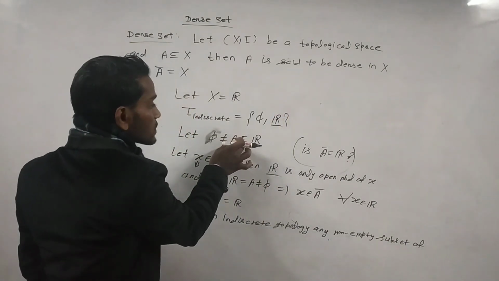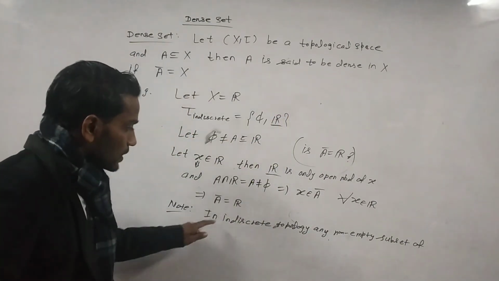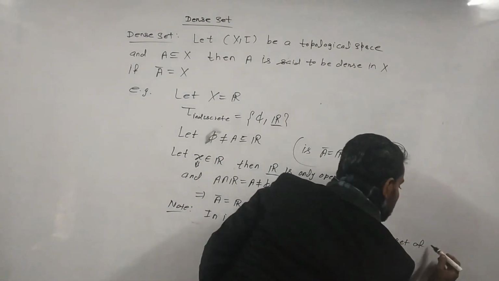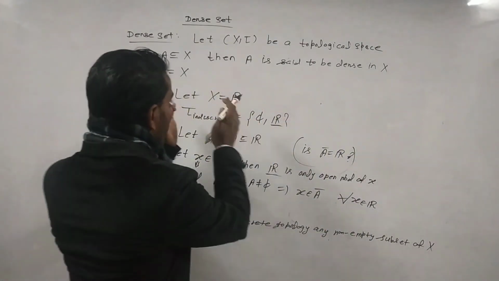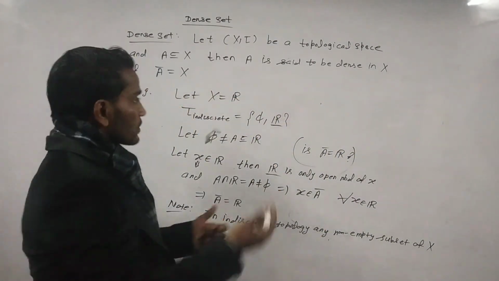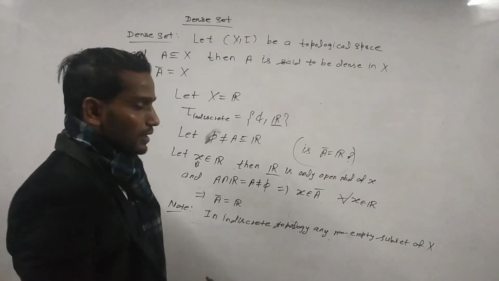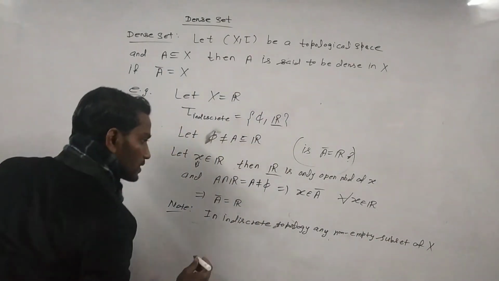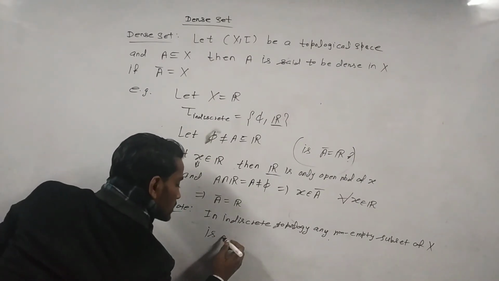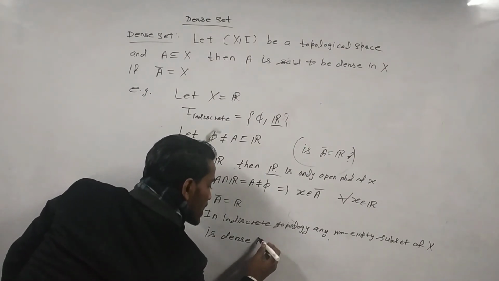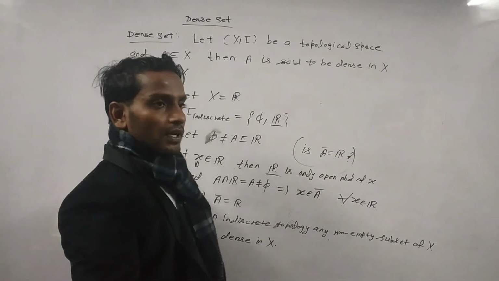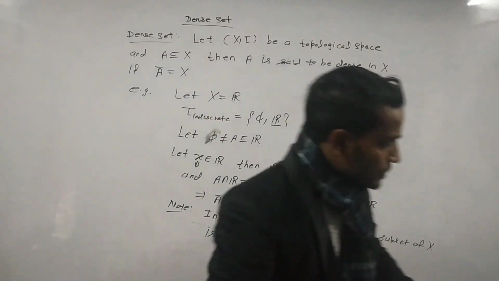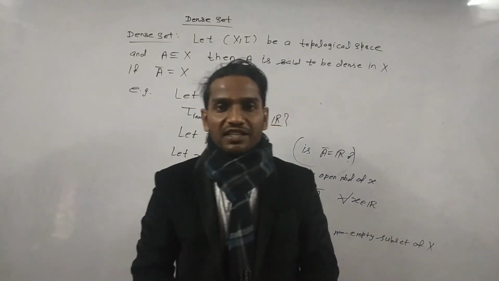Then we have to discuss a non-empty set. In discrete topology, any non-empty subset of X, where X can be R, Q, N, the set of integers, or any other set, is dense in X. It is all about dense sets in a topological space. Thank you.